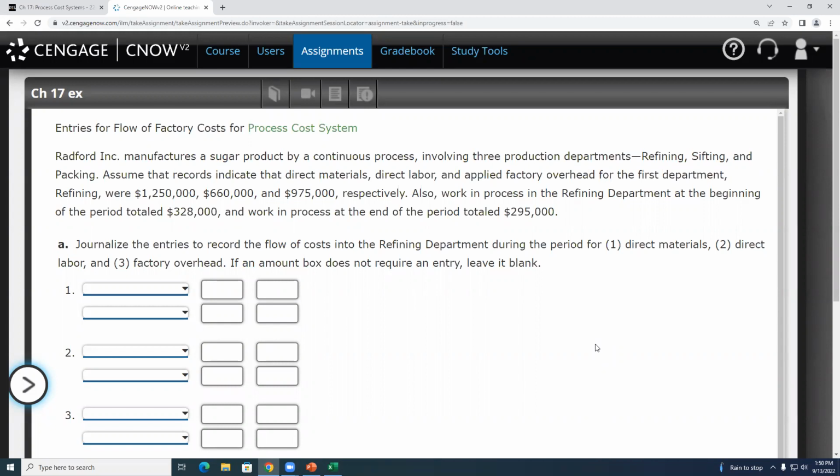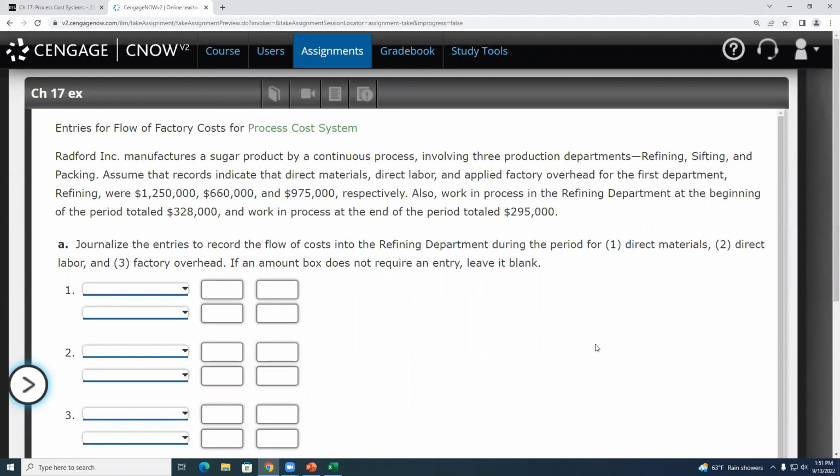The only thing that's different for a company that uses process costing compared to a company that uses job order costing that we covered in chapter 16, is that companies that use process costing usually have more than one work in process account. So they still have the same 3 types that we have learned starting in chapter 15. They have materials, work in process, and finished goods. But they may have more than one work in process account.